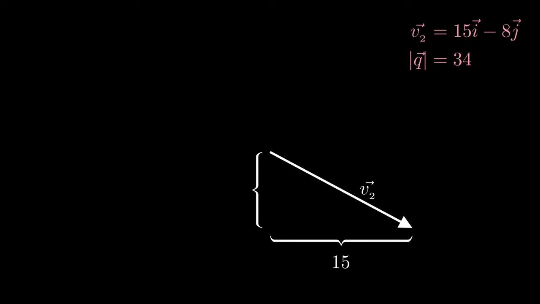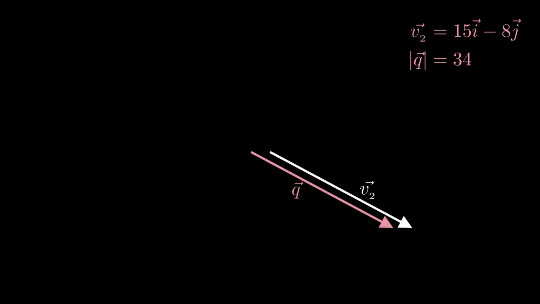So we go 15 to the right, and we go 8 down. Okay, and then we're told that vector q goes in the same direction as v2. So again, we need to find the scale factor that we multiply by v2. Okay, so what is that scale factor?